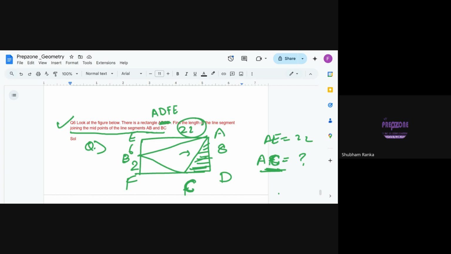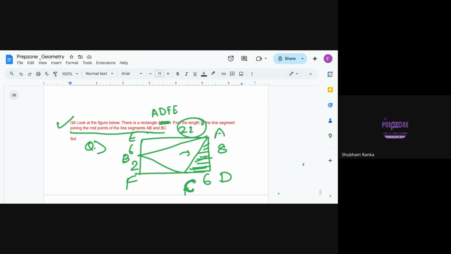Okay, can you, if I make it a little easy, let's say this is 6, then can you find out what is the length of the line segment joining midpoints of AB and BC? Yes, sir. Okay, so what will that be? Sir, is it 10?